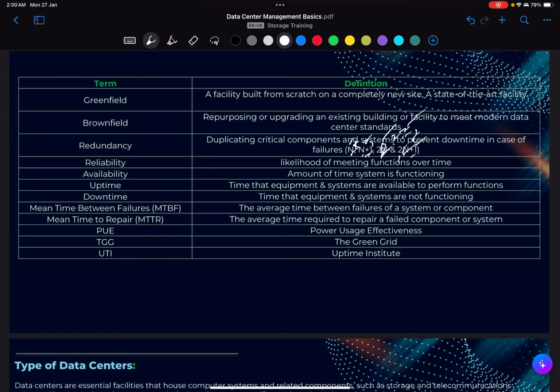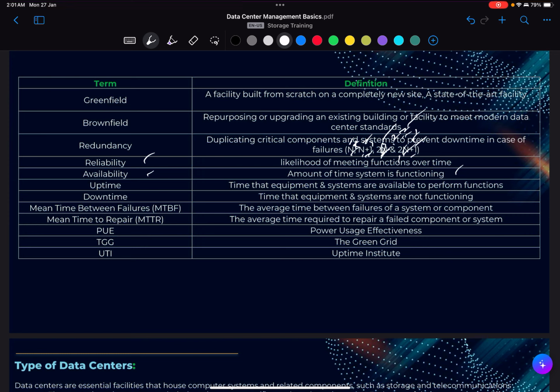So that is reliability, and it is very important. Then availability is the amount of time the system is functioning. It is not whether the system is up, it is functioning actually. Sometimes people measure uptime, but at the application level, it should not be the server up, it is the application function that should be available.